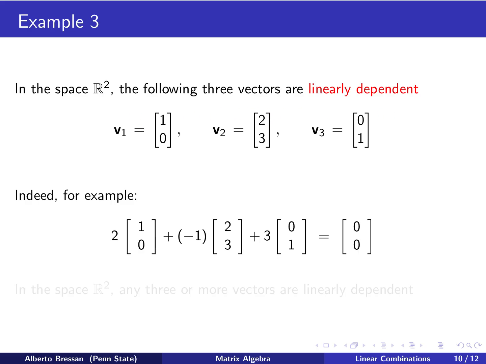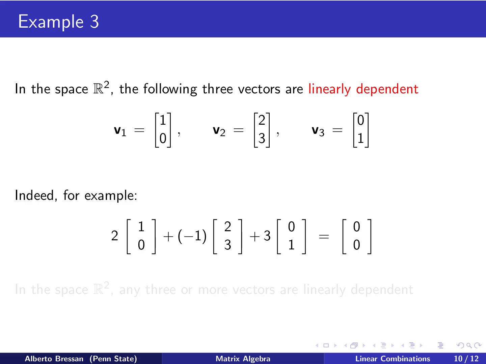And then if you take the third vector and multiply by 3, then you get 3, and this is -3, and it's 0. Therefore, we see that we have this. So C1, C2, C3 are the coefficients here, and the linear combination is a 0 element, and the coefficients are not all 0.